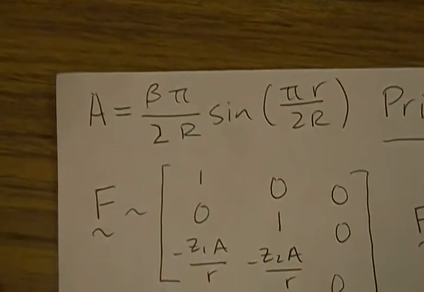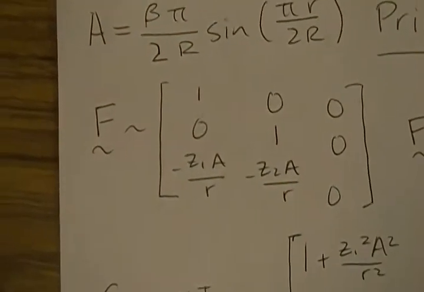So in order to make this problem a little simpler, we're going to define the constant a equal to beta pi over 2r sine of pi r over 2r.